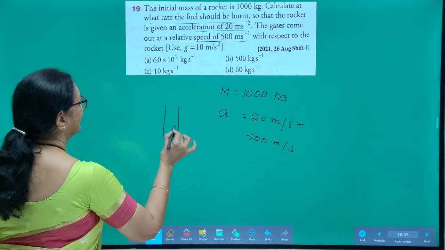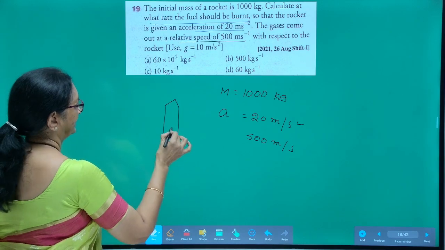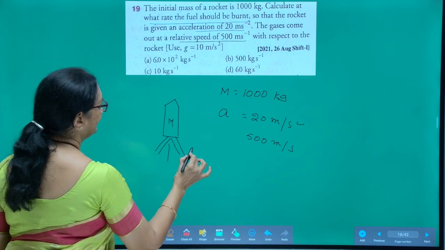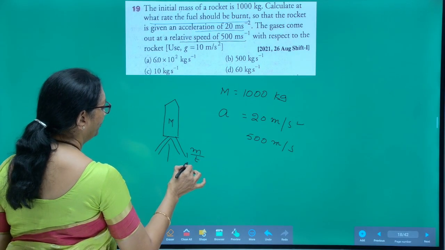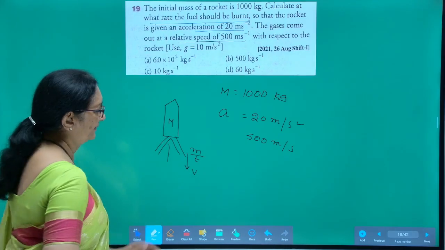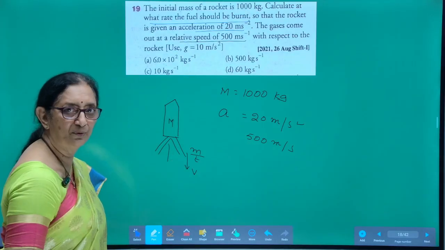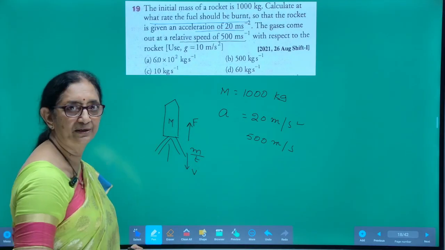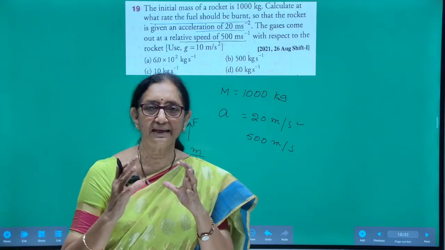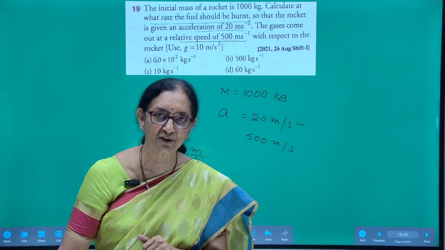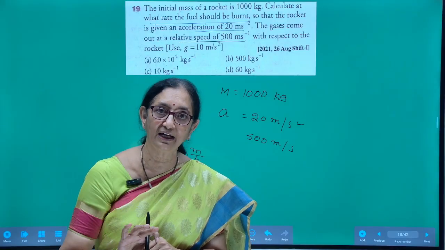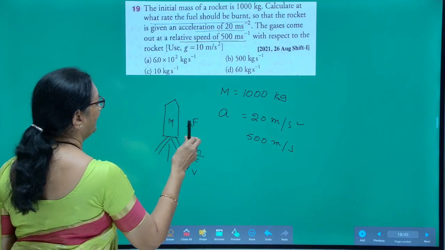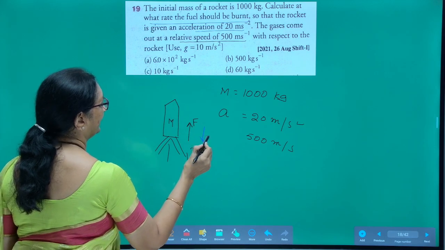Look here. Let us assume this as the rocket of mass capital M. Hot gases are ejected at the rate of m by t with a velocity v downwards. As a result, from Newton's third law, it exerts a force in the upward direction on the rocket. Ejection of hot gases in the downward direction exerts a force on the rocket in the upward direction, and the weight of the rocket will be acting in the downward direction.